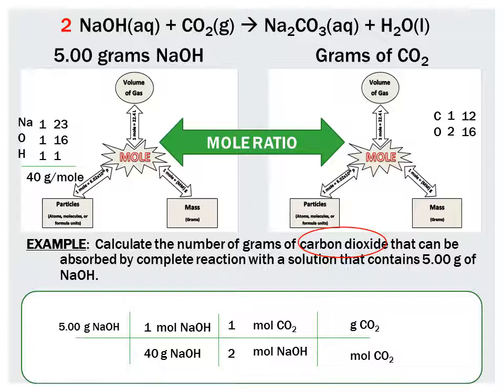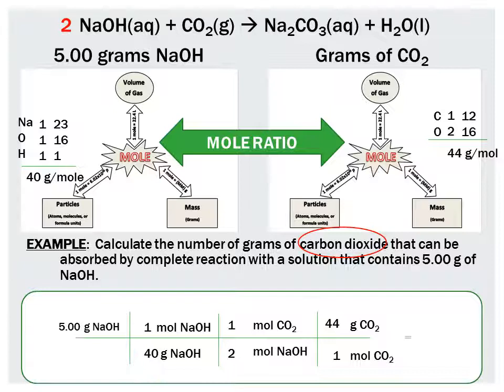Oxygen's molar mass is 16. If I add those together, I end up with a molar mass of 44 grams per mole. Now I fill that in. The 44 goes with grams, and it's per 1 mole.